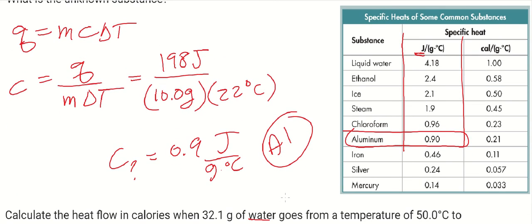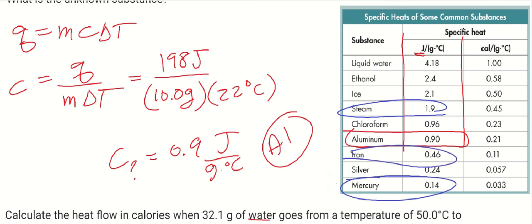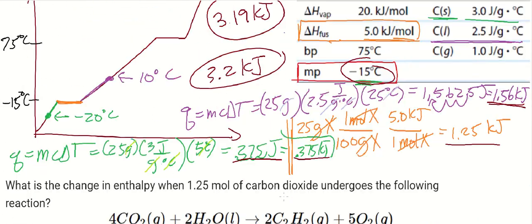So you were given this thing. Steam has a specific heat of 1.9. Mercury is the lowest one. So mercury is going to have the biggest temperature change. And what was the other one? Iron. All right, so mercury is going to have the biggest temperature change because it has the lowest specific heat.